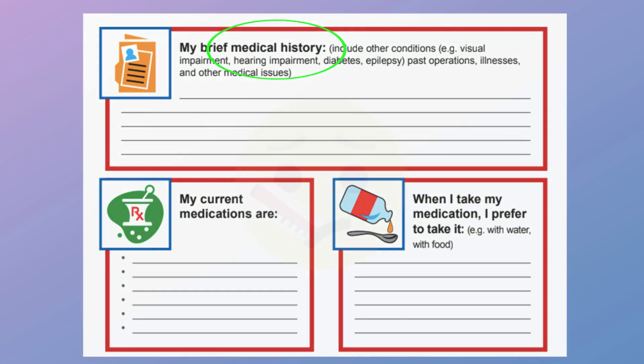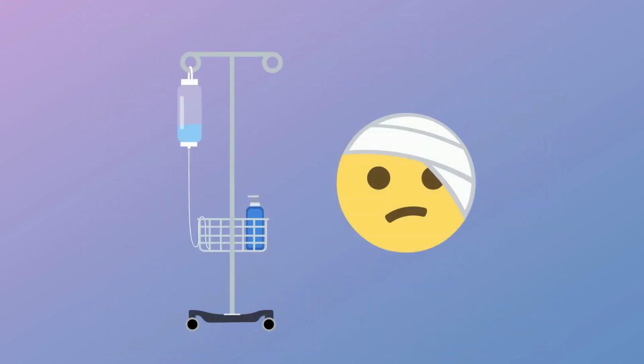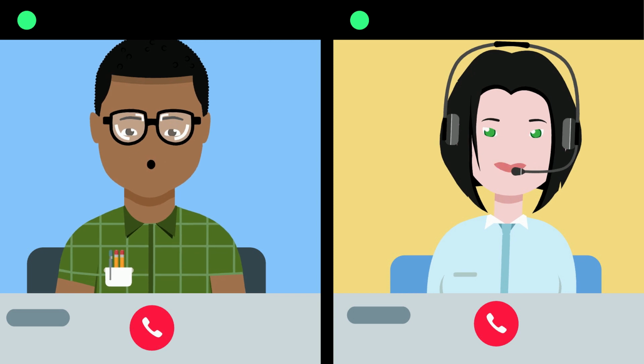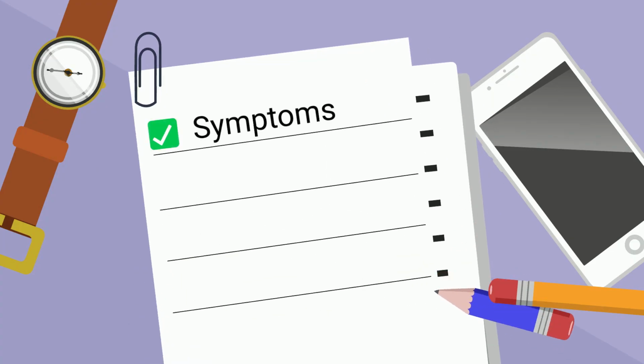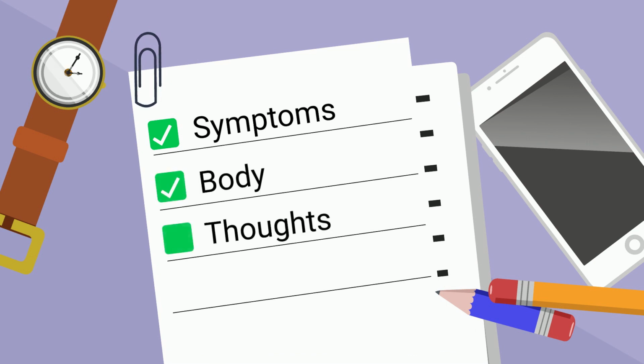That's when you list any illnesses or surgeries you have already had and medicine you take. To talk about your health now, you can include symptoms, pain or discomfort in parts of your body, problems you are having with your thoughts or feelings, and medicine you might need.